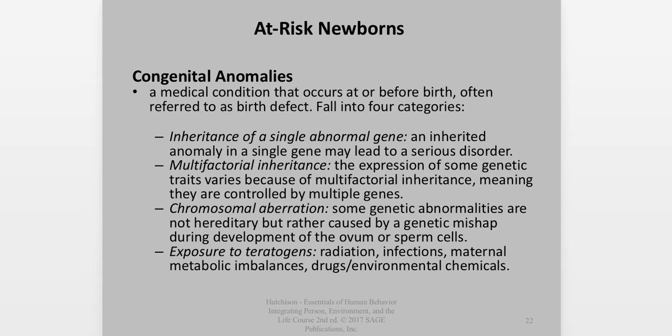They relate to either the inheritance of a single abnormal gene or multiple genes that interact and create a genetic expression that varies from what is considered typical or normal; chromosomal aberrations, which isn't a genetic thing, but some sort of mishap that happens during the development of the ovum or sperm cells; and also exposure to teratogens, which we talked about in the previous part of this chapter.